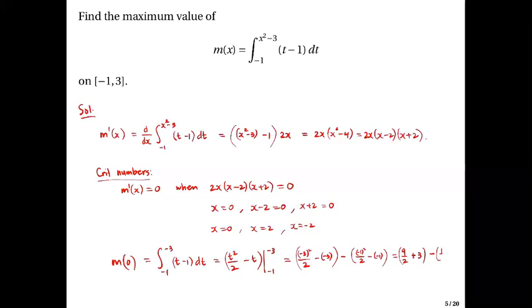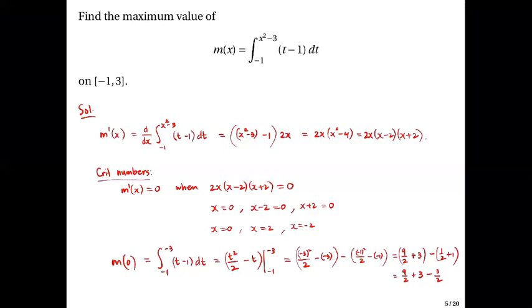minus 1 half plus 1. If we simplify this further, we have 9 halves plus 3 minus 3 halves.